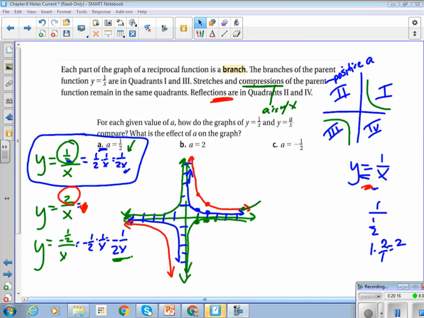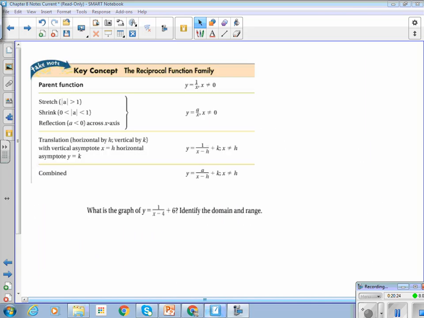So my red is B, my blue line is A, and my green line is C. All right, so that was stretching and compressing. Anytime you change the A value, you're going to be either stretching, shrinking, or reflecting. Now we're going to look at the translations.